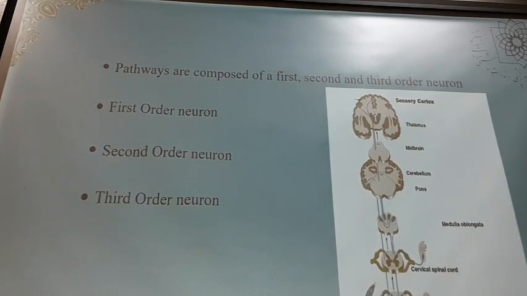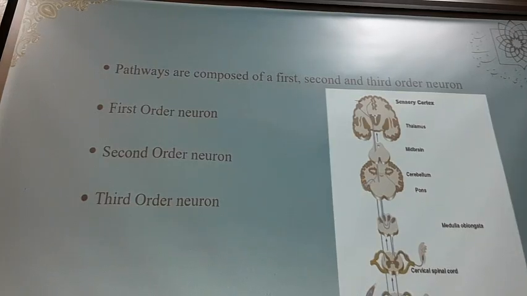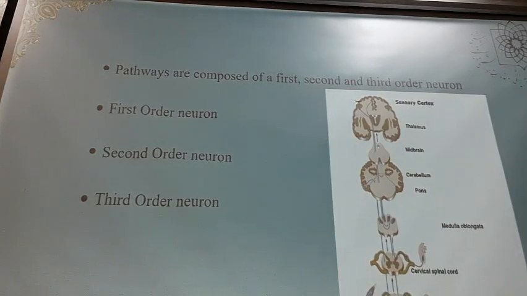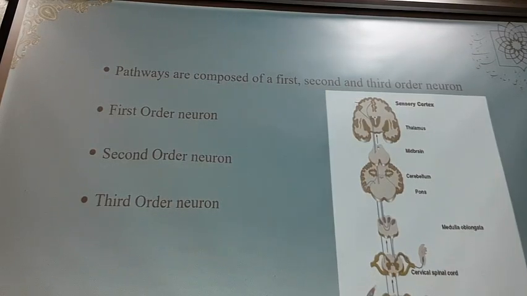This neuron will make a connection or synapse with the second order neuron, either in the spinal cord or in the medulla. And then the second order neuron will reach the thalamus. In the thalamus, the second order neuron will make a synapse with the third order neuron. And the third order neuron sends the signal from the thalamus to the cortex, the somatosensory cortex.